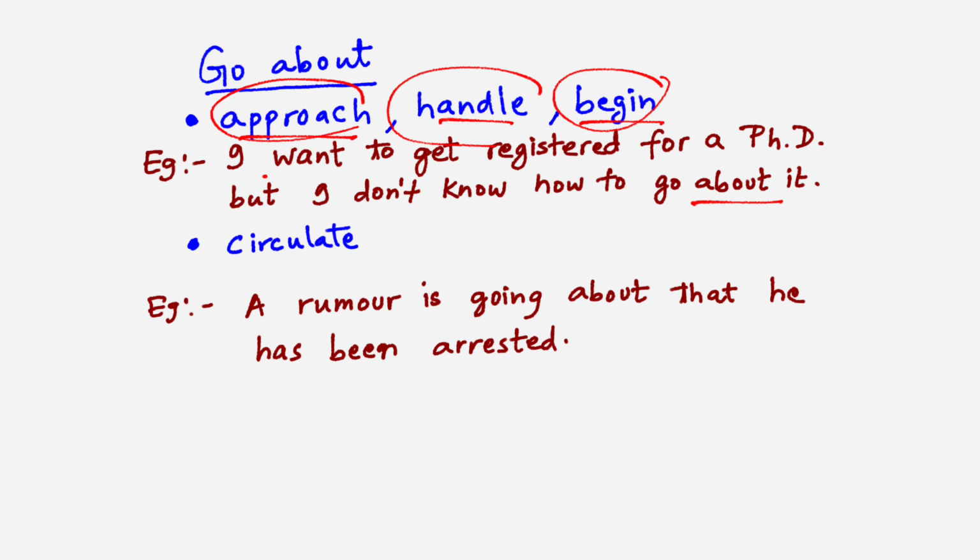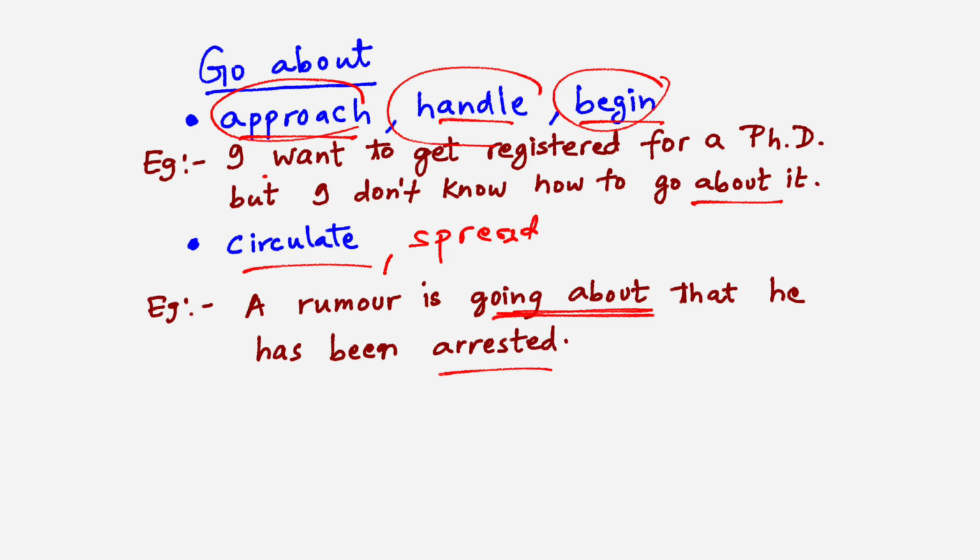All right? The second meaning is circulate or spread. And in a sentence it is used in a way, a rumor is going about that he has been arrested. So a rumor is going about means a rumor is circulating that he has been arrested.